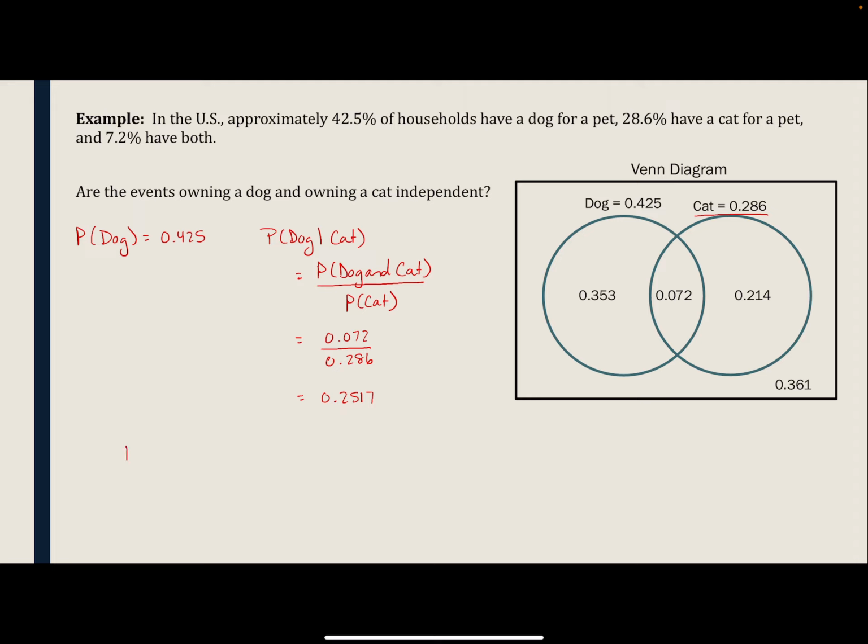So the probability of having a dog is not the same as the probability of having a dog given that they already have a cat, which means that these are not independent. A household that already has a cat is less likely to have a dog.